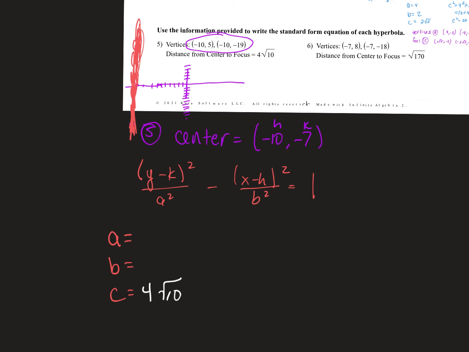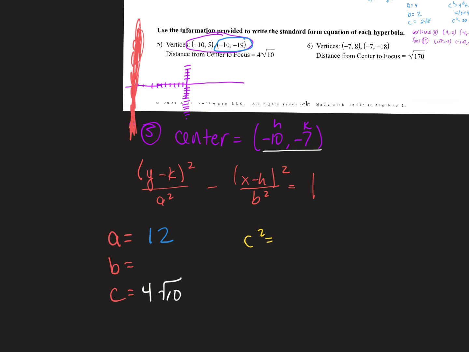To a vertex. So how far is the point -10, -7 from -10, -19? 12 spaces? I agree with you. So a is 12. How do I find out what b is?